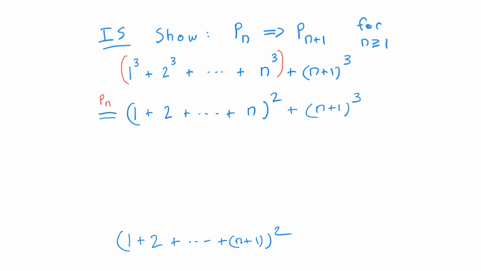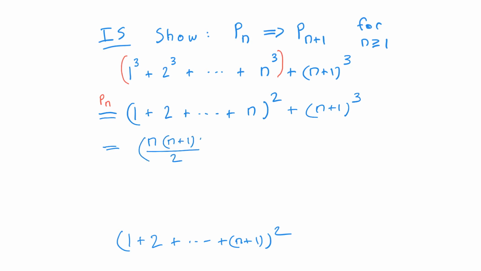Okay, now in the question, it also gave us a hint. It said that the sum of consecutive integers has a formula. So let's use that formula now. The way it works is if it's 1 going up to n, then that's the same as n multiplied by n plus 1 divided by 2.